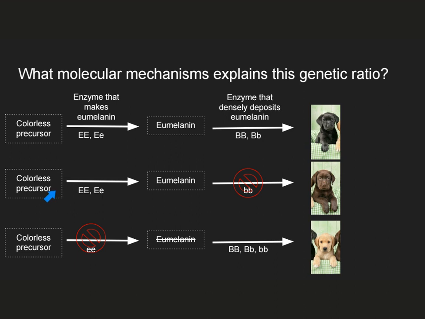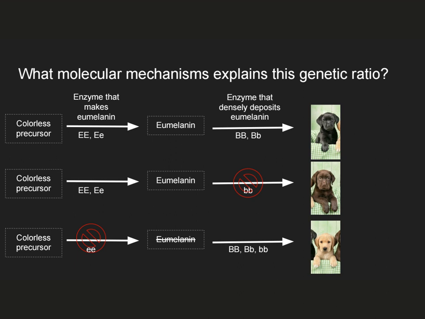If the dog has at least one copy of the big E allele, it can make the eumelanin, but if it doesn't have at least one copy of the big B allele, it can't densely deposit it, but it still can somewhat deposit it, and so it looks like this brown color because there's some eumelanin being produced and being deposited, just not as densely as it is when there's the big B allele around.